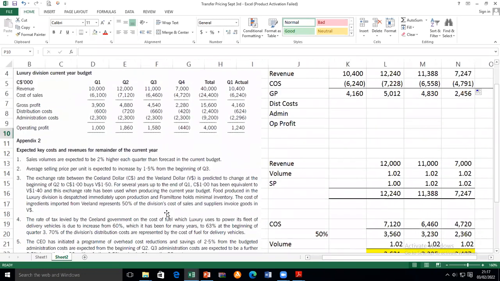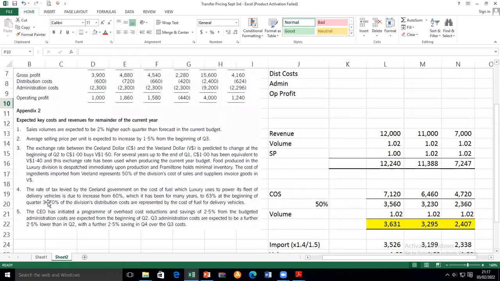Let's come to distribution cost. The rate of tax levied by the Sealand government on the cost of fuel, which Luxury uses to power its fleet, is to increase from 60%, which it has been for many years, to 63% at the beginning of Q3. 70% of the distribution costs are represented by the cost of fuel for delivery vehicles.